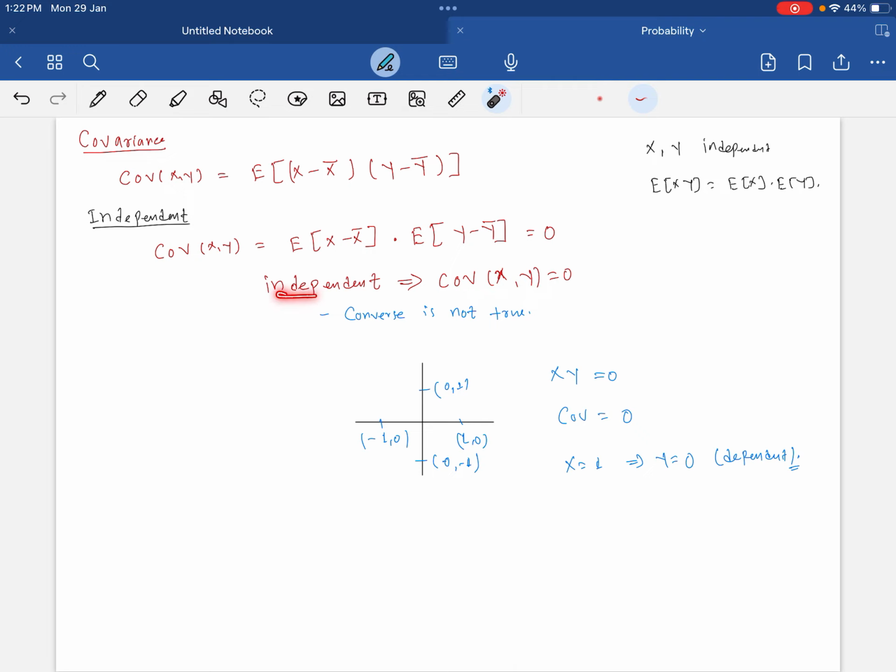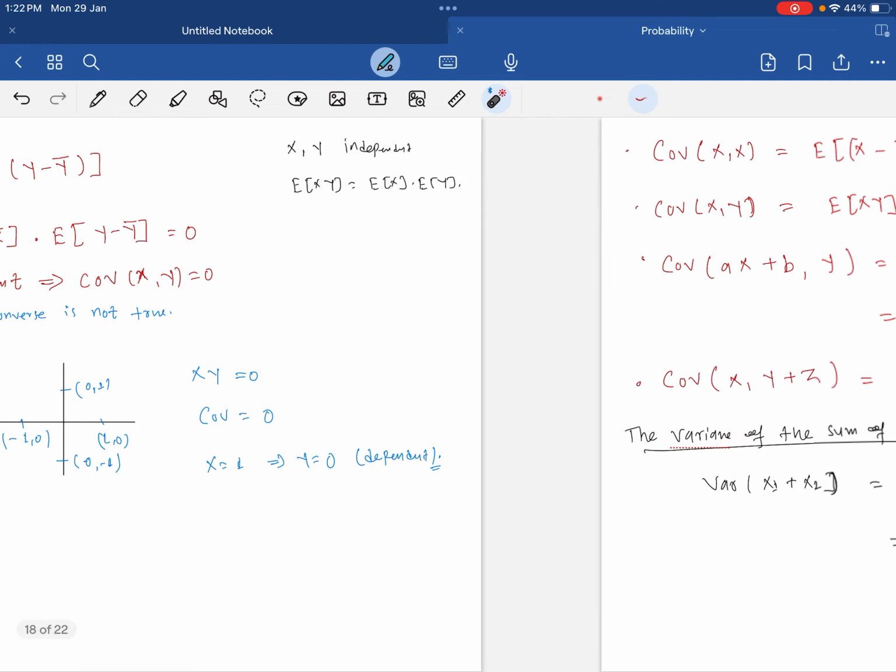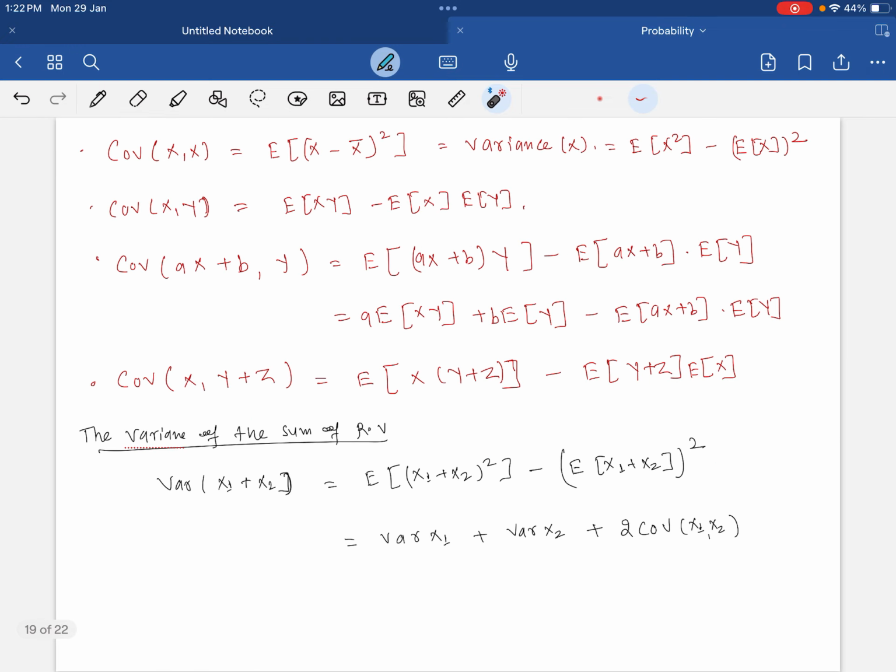So independence of two random variables will guarantee that the covariance is going to be 0. But if you found that the covariance is 0, it doesn't guarantee that the two random variables are independent, right? So let's look at a few properties of this covariance.